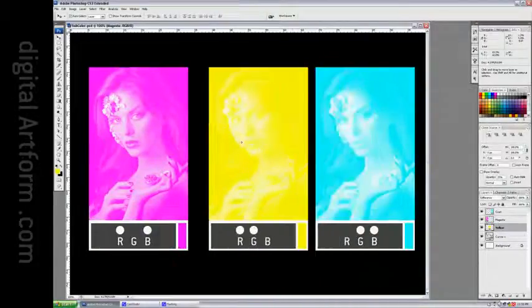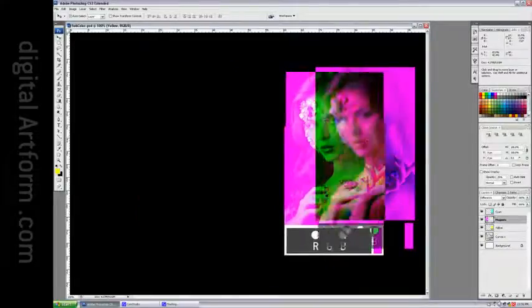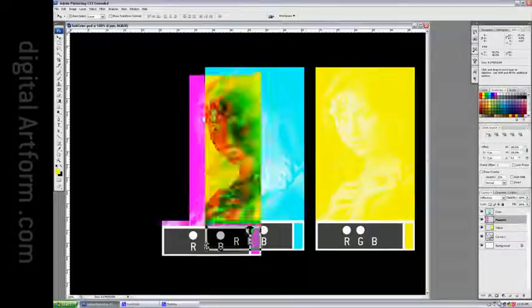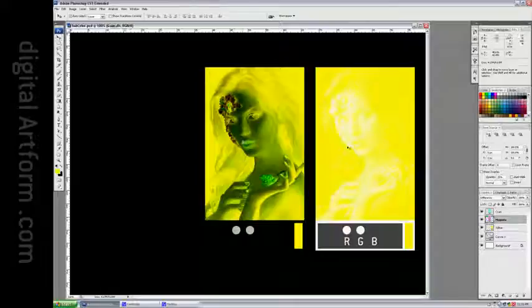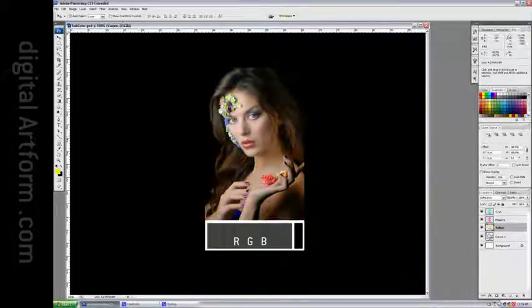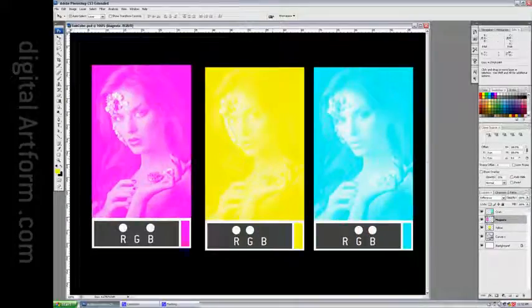The missing color is magenta, and these combine to make it. It's a negative version. The positive fits in to make a full color. And the missing one is cyan, the missing one is yellow. A negative yellow, positive yellow combines to make a full color image again. So it's kind of surprising.